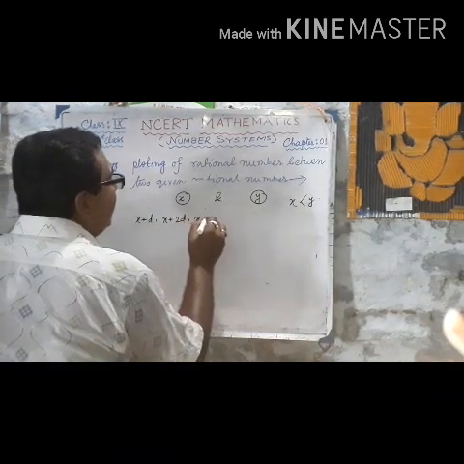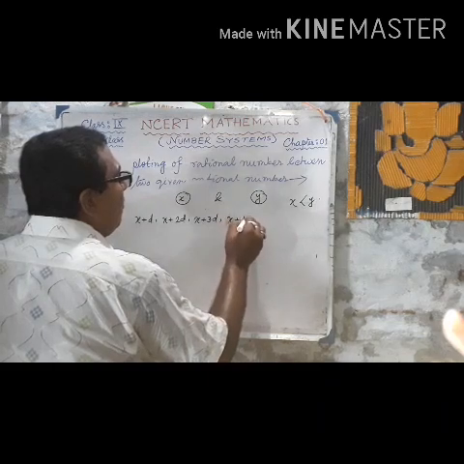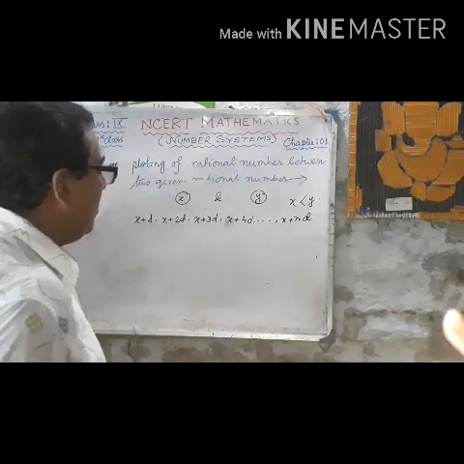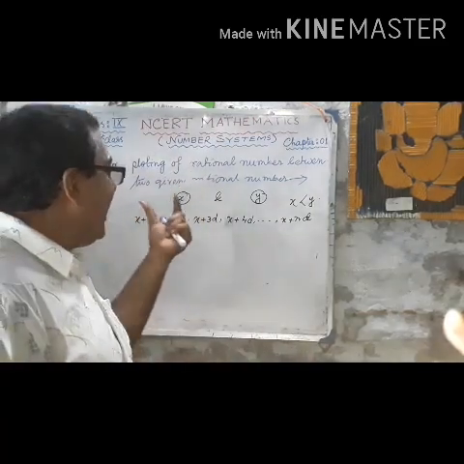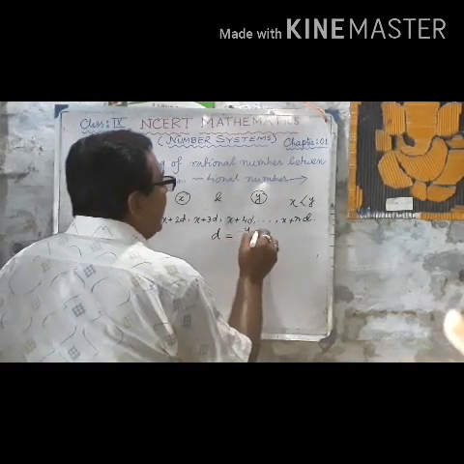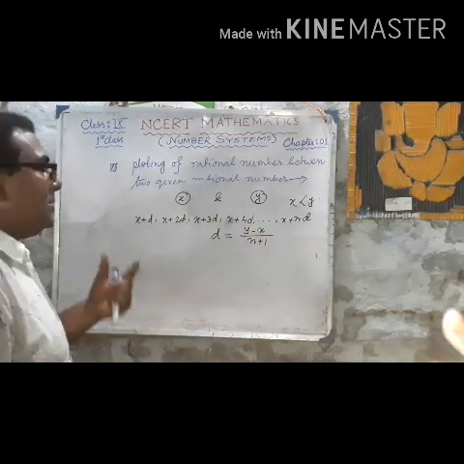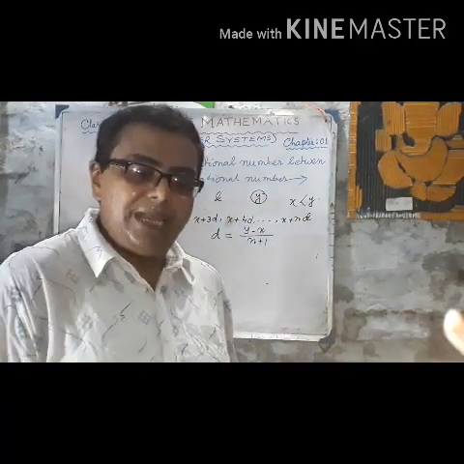Then x plus d, x plus 2d, x plus 3d, x plus 4d, and so on, x plus nd will be the rational numbers between x and y, where d is (y minus x) by (n plus 1). This is another process for finding rational numbers between two given rational numbers x and y.